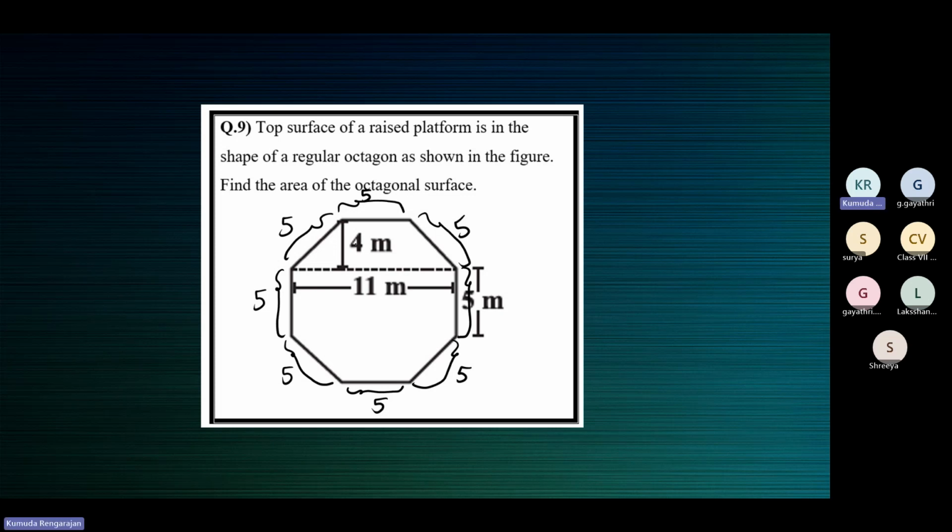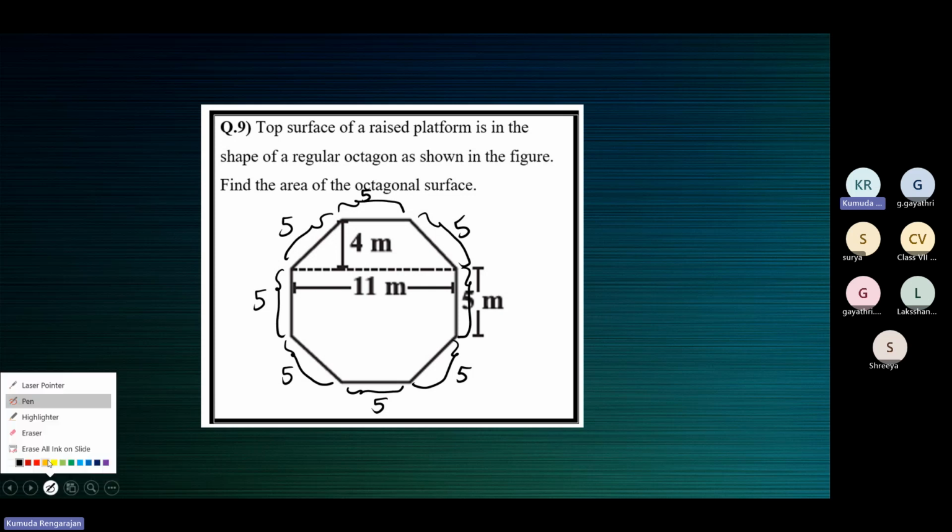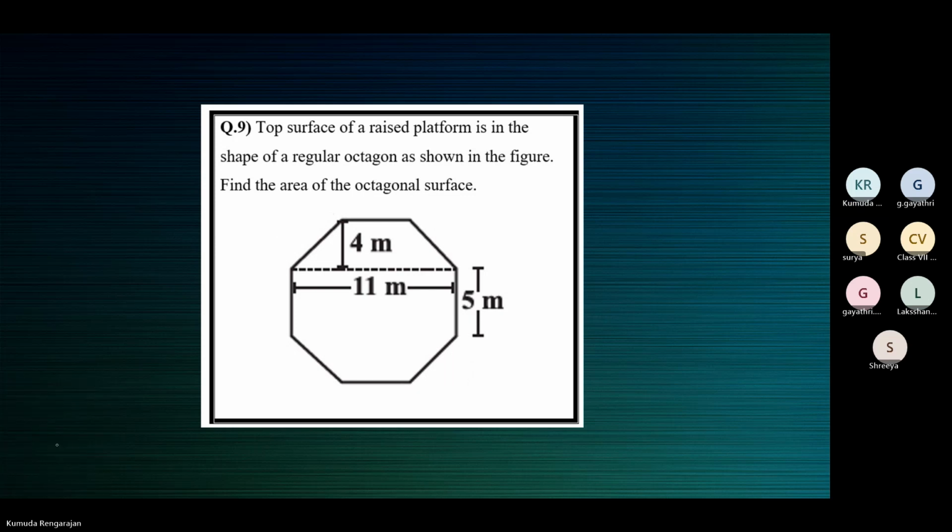Now some other information is also given. You can see it's marked here. Find the area of the octagonal surface. So what you should do?